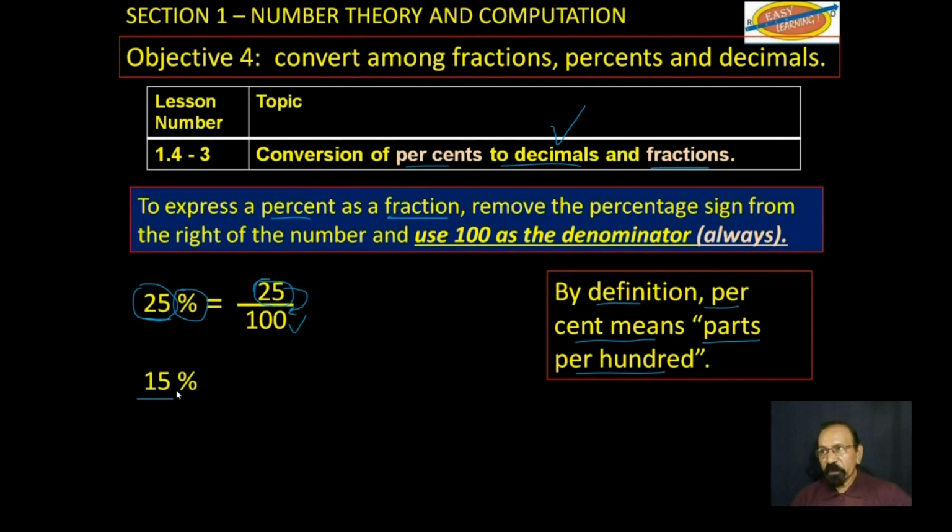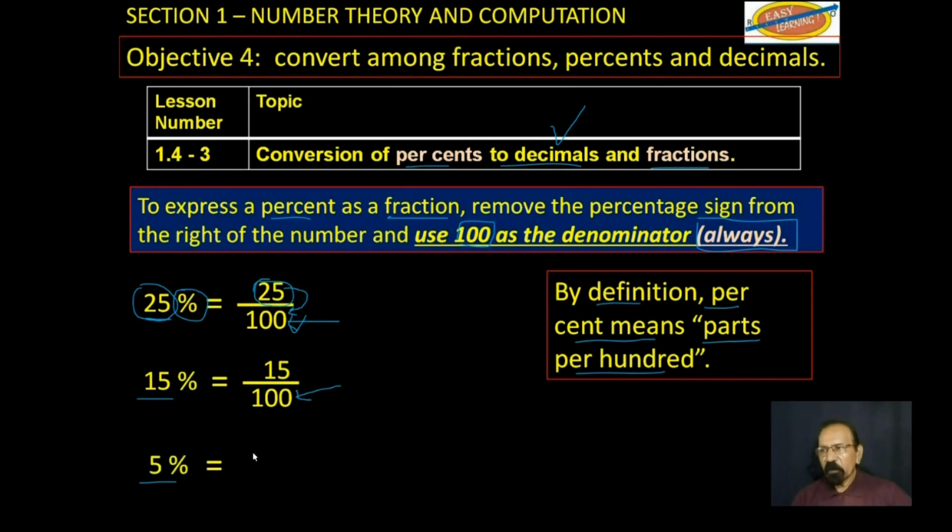If you say 15%, you are saying 15 parts per 100, which becomes 15 over 100. Always. This denominator does not change. If you are carrying a percent to a fraction, it is always over 100.